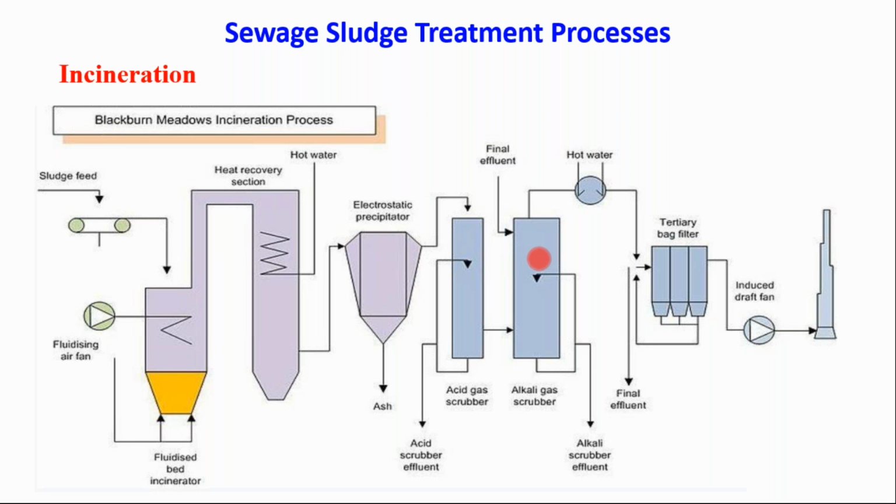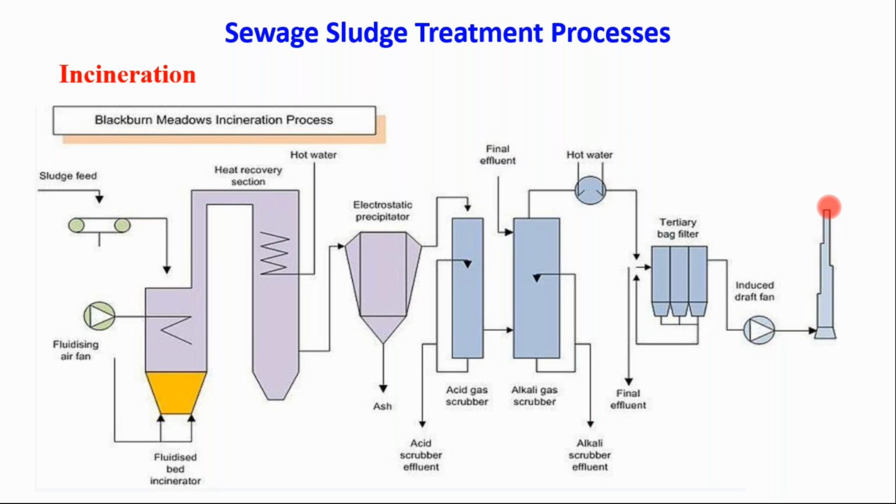If alkaline substances are there, they can be absorbed by this alkali gas scrubber. And if particulate matter or SPM are present in these gases, they can be blocked by the bag filter. And then only these clean gases can be sent to the chimney.